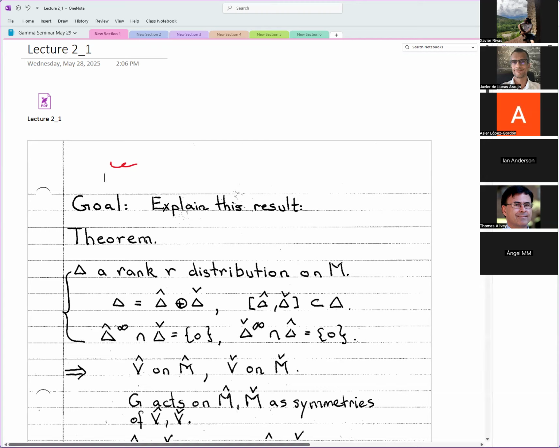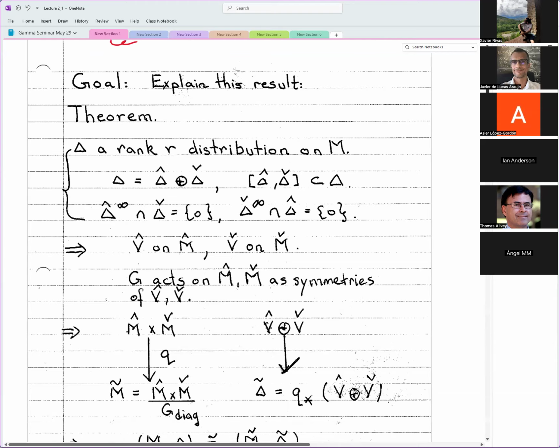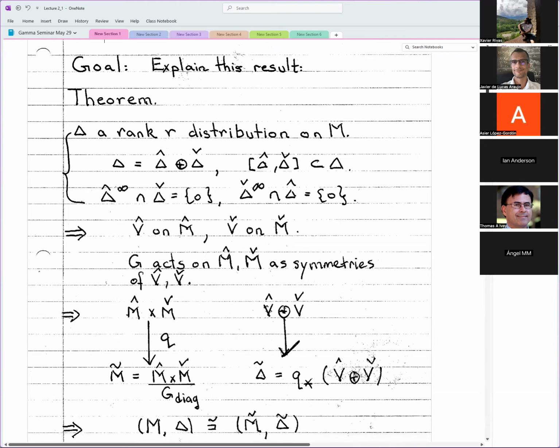So let me begin by going back to the slide from the last lecture. In the first seminar, I said the goal of the two seminars was to prove or explain the following theorem, so let me go over that really quickly.